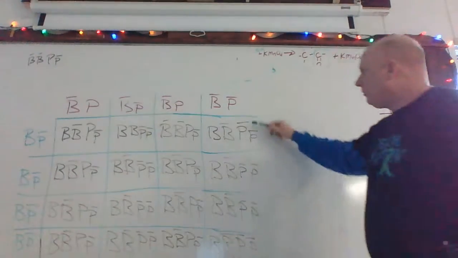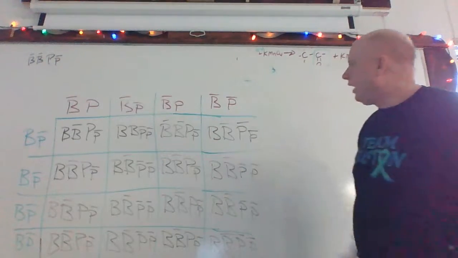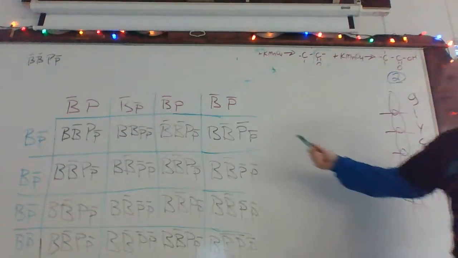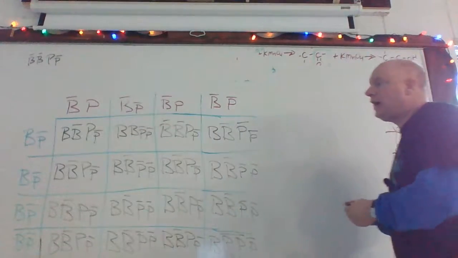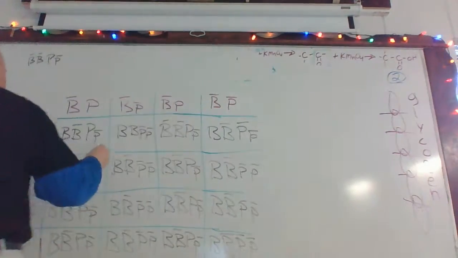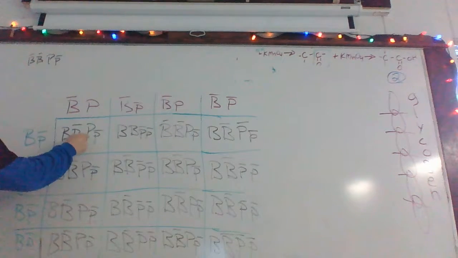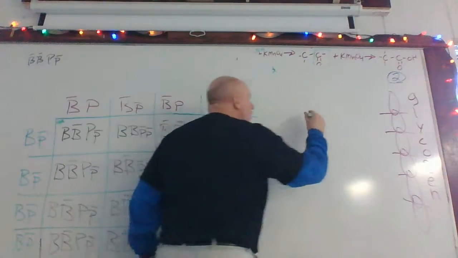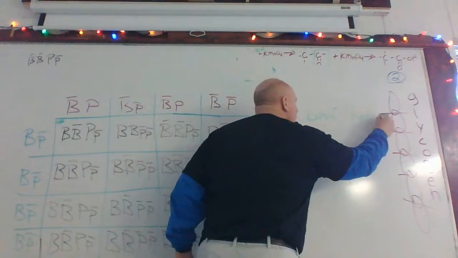Notice some of these letters may look like they're capitalized, but as long as they have a line over the top, we'll know which one's recessive and which one's dominant, and that even occurs in this codominant cross. Okay, so let's just go ahead and pick out a box. So we know this is black-white face, and it's got horns. Squiggly line in there. So we have black-white face, and there's horns.